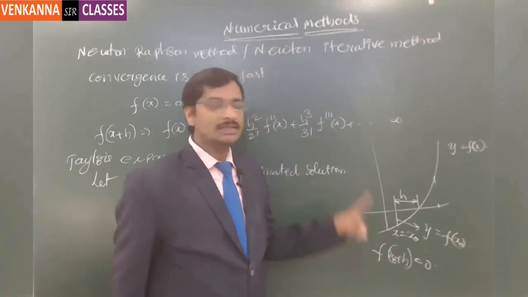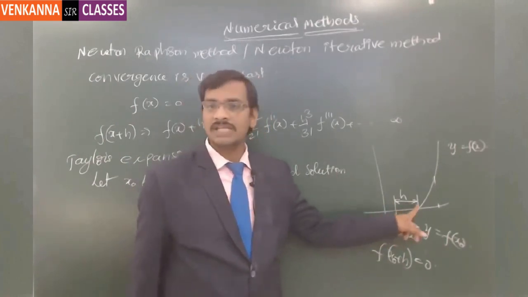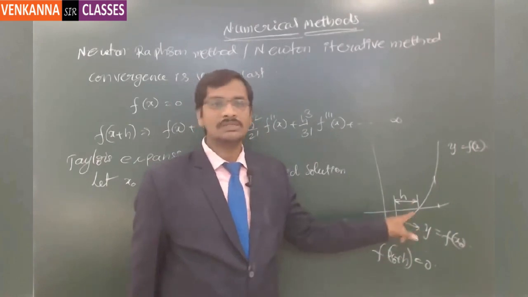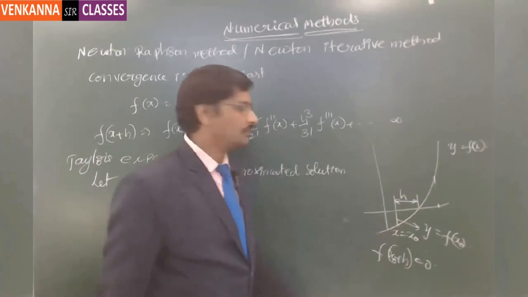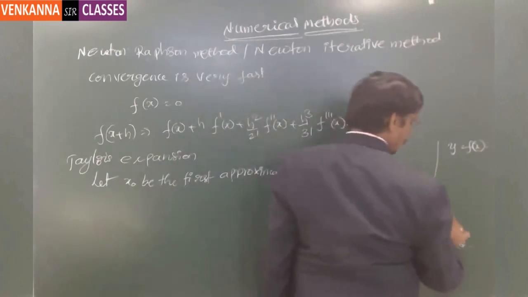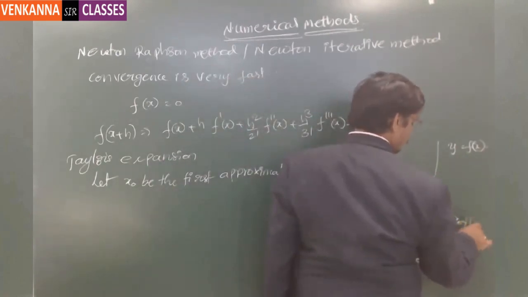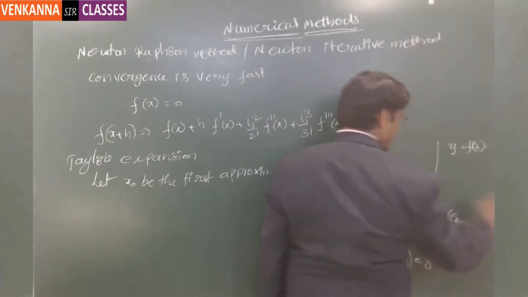But ideally the solution is located at a distance of h from x naught. Now it is time to calculate the value of h, where you can get the solution of the function, where f of x naught plus h becomes 0.